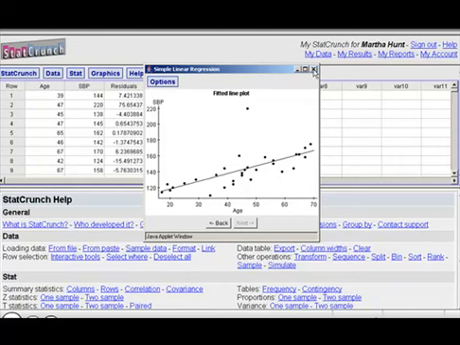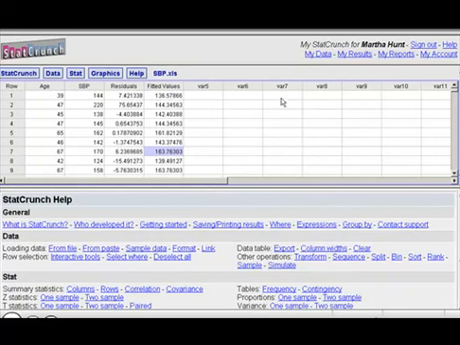I'm going to get out of this, and I'm going to look at what happened to our original data. Two columns have been added to our original data. A column of residuals that measures the distance that the point is from the fitted line, and also the fitted or predicted values.